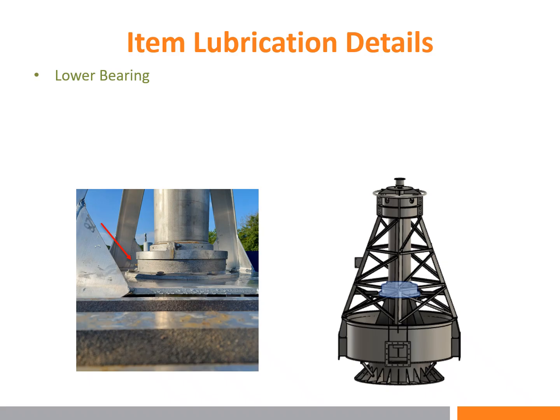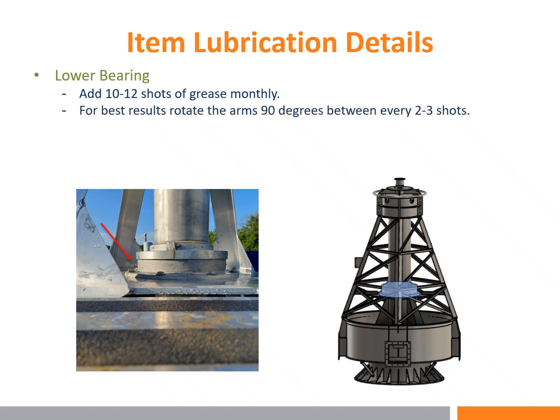Lower bearing lubrication. Add 10 to 12 shots of grease every month. For best results, rotate the arms 90 degrees between every 2 to 3 shots. Recommended grease is Mobilith SHC PM 460.